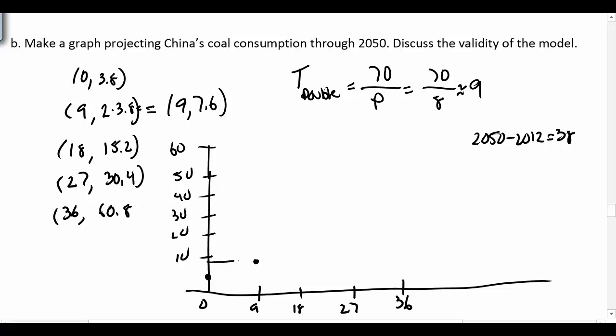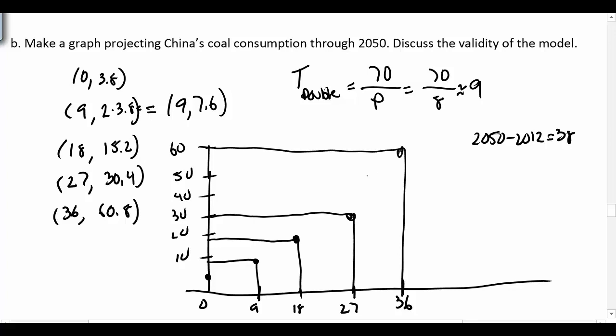So right there. 18, about 15.2. So right there. 27, 30.4. Right there. And then 36 and 60. Okay, so the graph, oh, missed a point, but hopefully you get the idea. A little more of a curve there. So our graph of this consumption looks just like that.